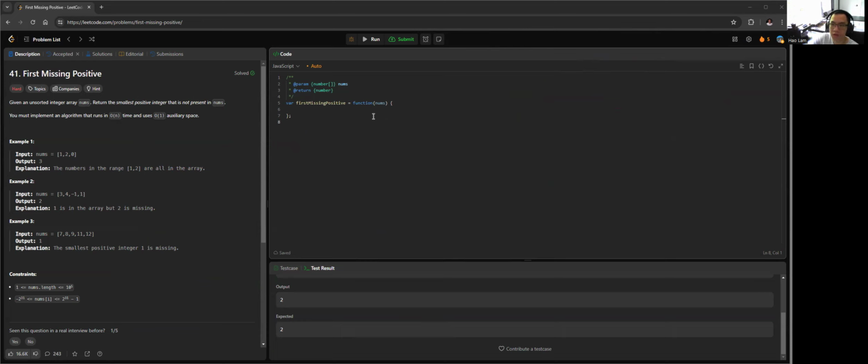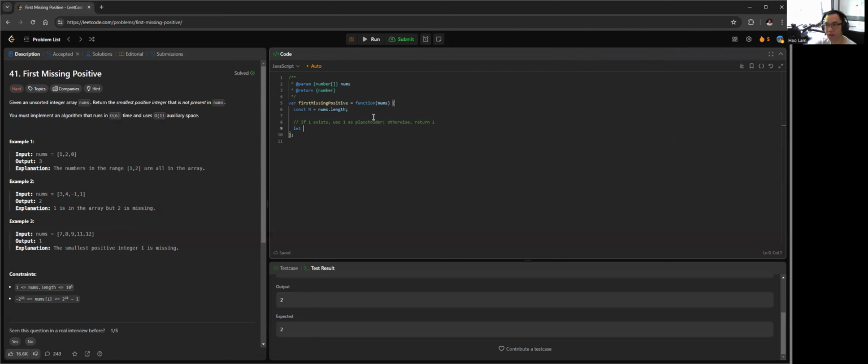So the first step is to create some variable here, right? So we need to return one if one is not there, right? So let's say if one exists, use one as placeholder, right? Otherwise, one doesn't exist, right?